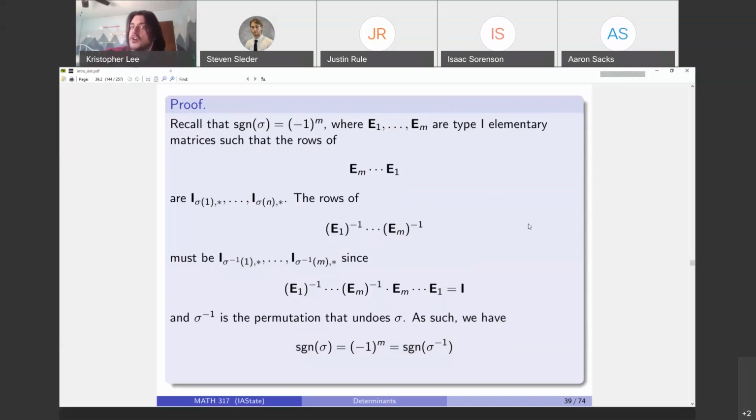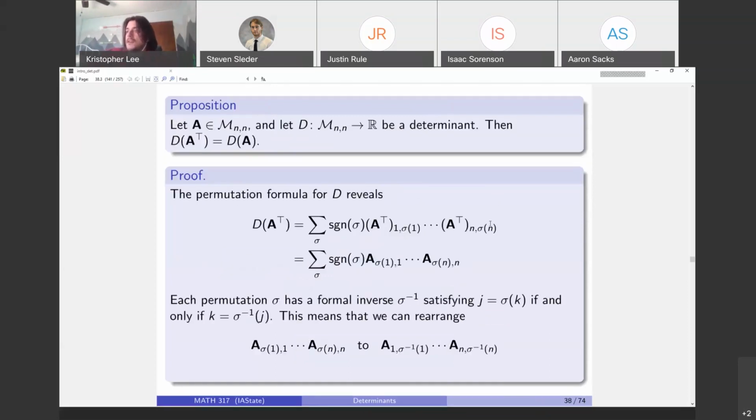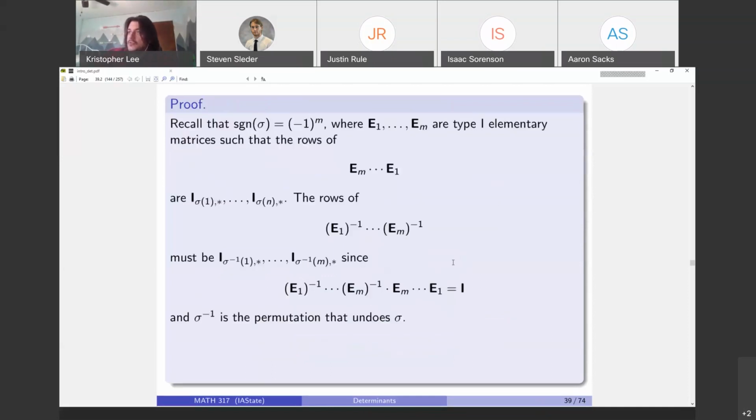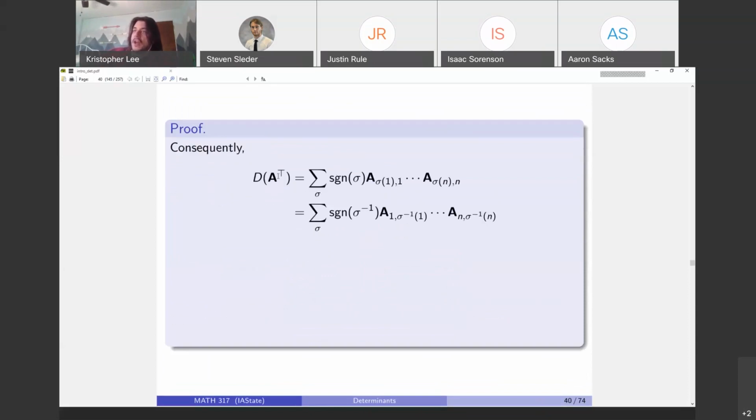Okay, so we verified that you can view these involving sigma inverse, and now we've got that in terms of sigma inverse. So if we return to that, we now have that the determinant of the transpose is this now. We can rearrange these so they all involve sigma inverse. The sign of sigma is the same as sign of sigma inverse.